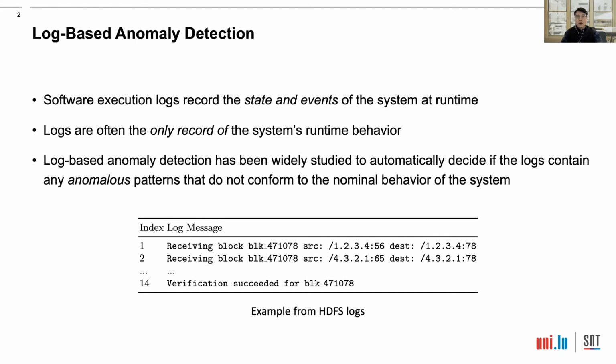And so log-based analysis, like log-based anomaly detection, has been widely used to automatically decide if the logs contain any anomalous patterns that do not conform to the nominal behavior of the system. You can see some example log messages below. By seeing the messages, we can easily identify what happens during the execution of the system.